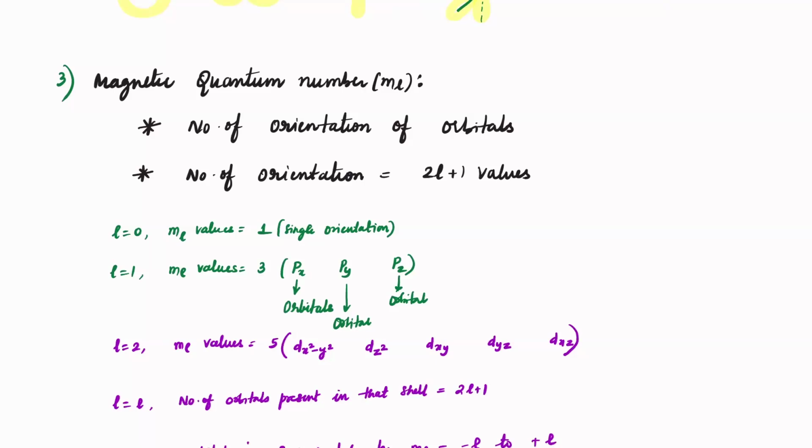The azimuthal quantum number tells us about the shape of the clouds that electron is making, which we call subshells. Third, how many orbitals, how many orientations of those clouds we can have, is discussed by ml values. And each orbital can carry a maximum of 2 electrons, so you can calculate the number of electrons as 2n square.